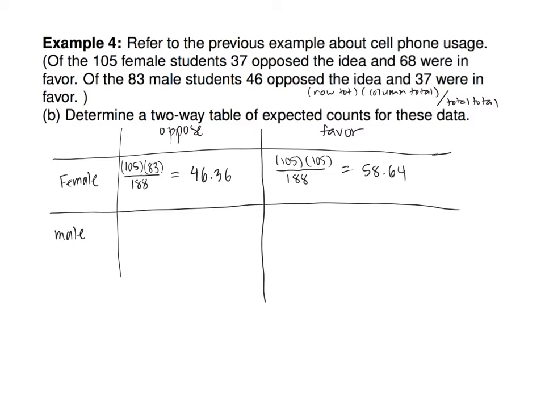And one way to check that you are right would be to actually total this row, and this row should still total to 105, which it definitely does. So for the male oppose, that row total is 83, column total also 83 over 188, that is 36.64.